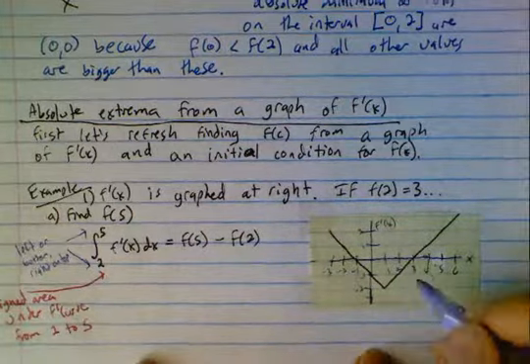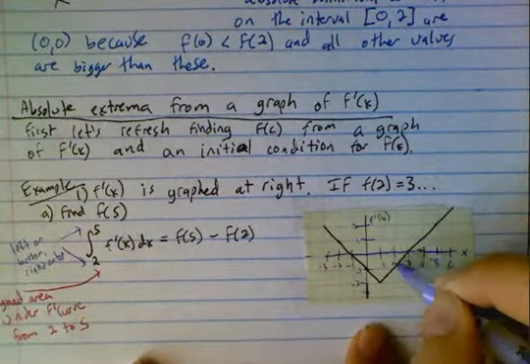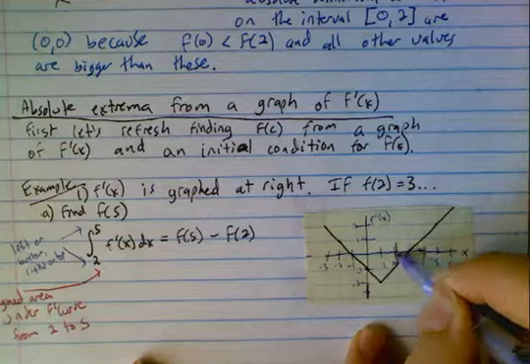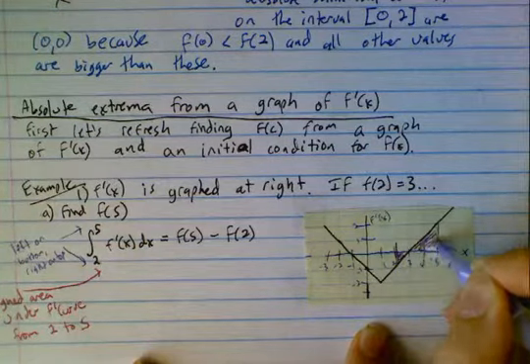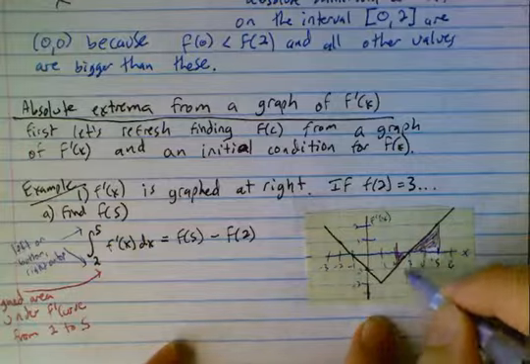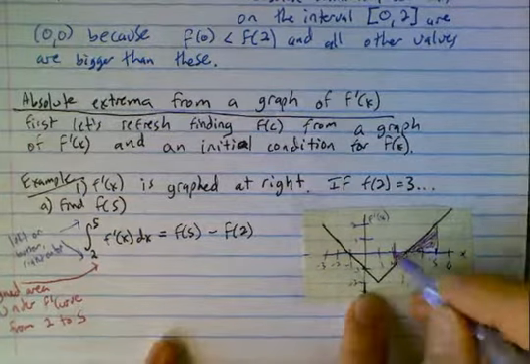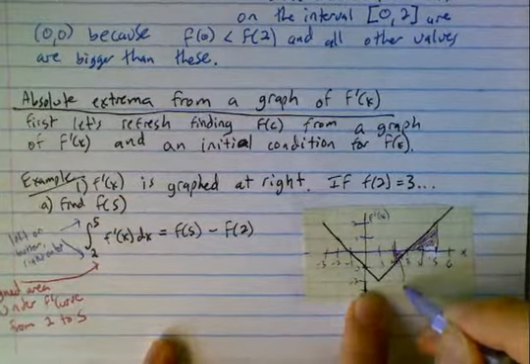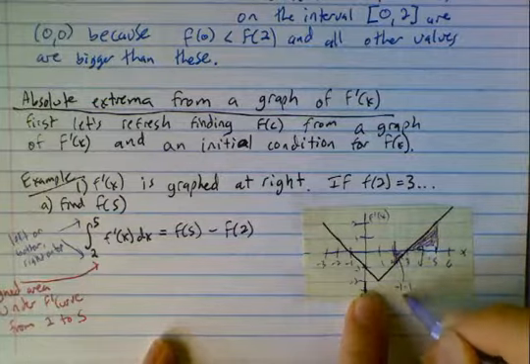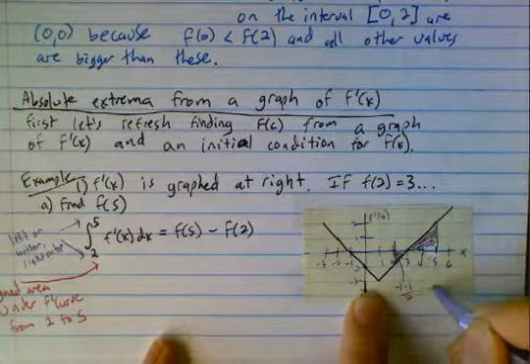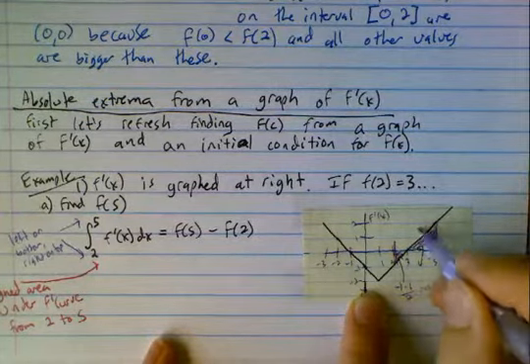So we can hop right over here and say, okay, from 2 to 5, what is this signed area right here? And this is a triangle, so it's -1 height times 1 over 2, or negative 0.5.